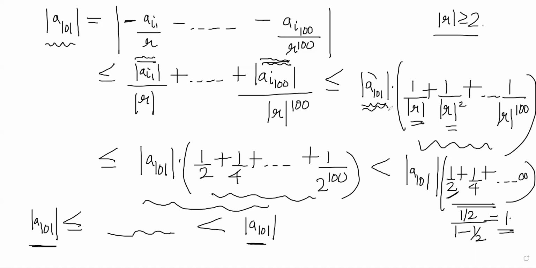So that means our assumption that a root r has modulus greater than or equal to 2 is incorrect. So our root must have mod r less than 2.